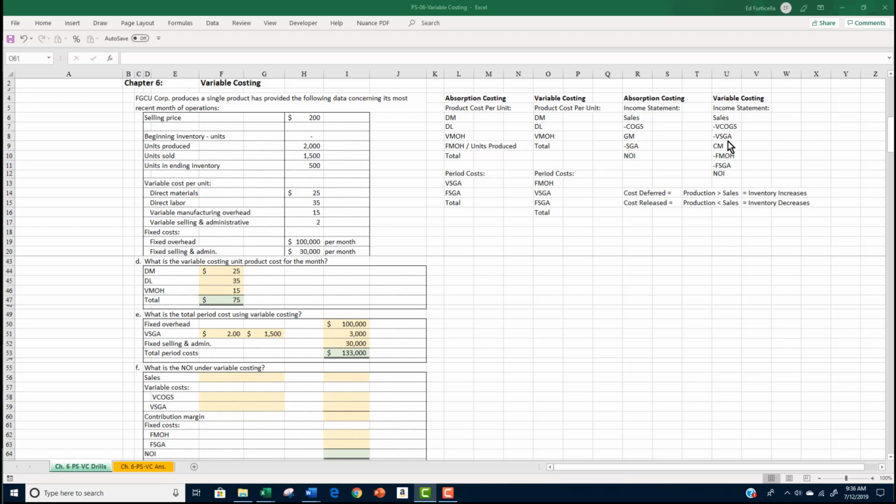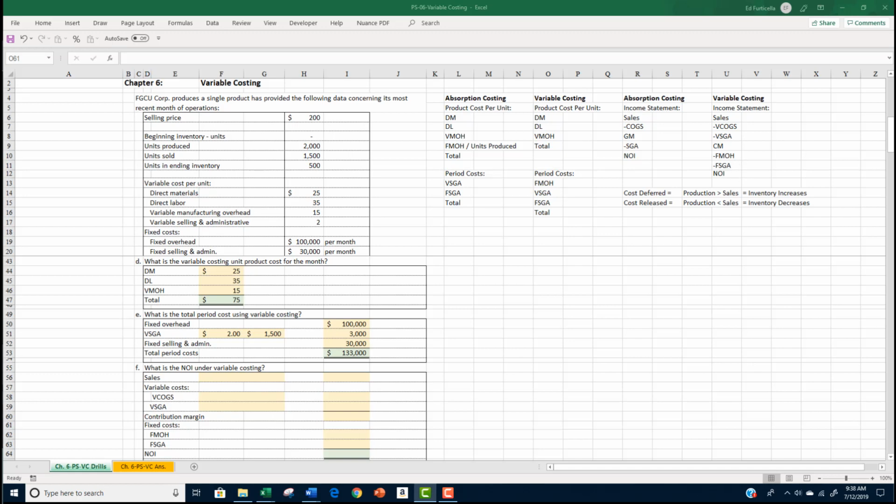Once we determine the total variable cost, we subtract it from the sales to get the contribution margin. From the contribution margin, we'll subtract all fixed costs. The fixed costs in this problem are the fixed manufacturing overhead of $100,000 and the fixed SG&A of $30,000.